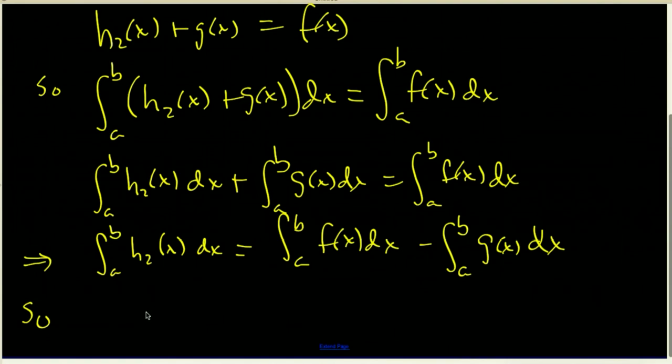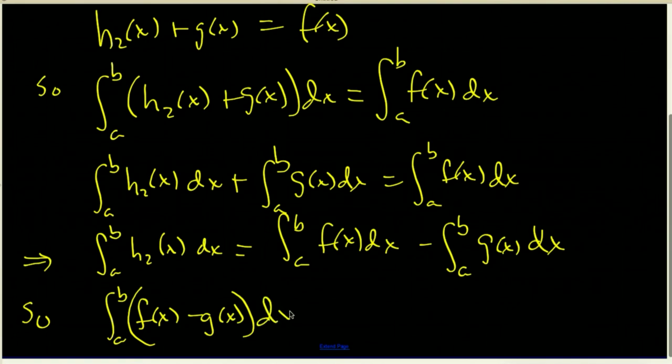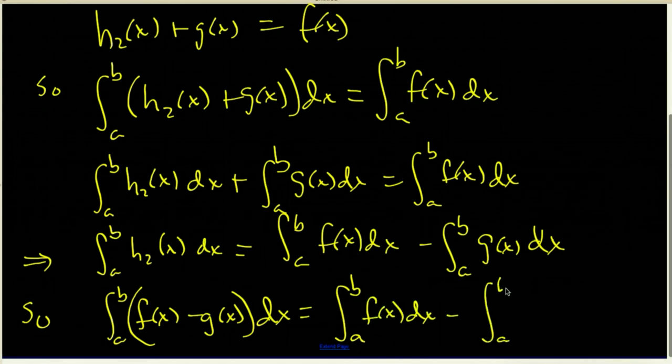Remember, h2 was nothing more than f of x minus g of x, and so the definite integral from a to b of f of x minus g of x dx can be broken up at this minus sign and written as the integral from a to b of f of x dx minus the integral from a to b of g of x dx.